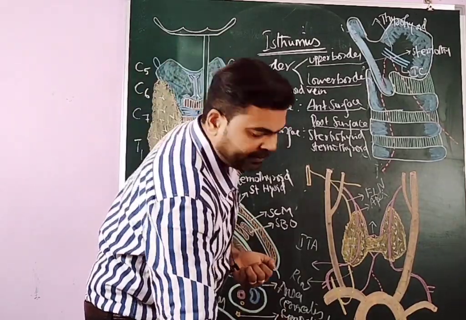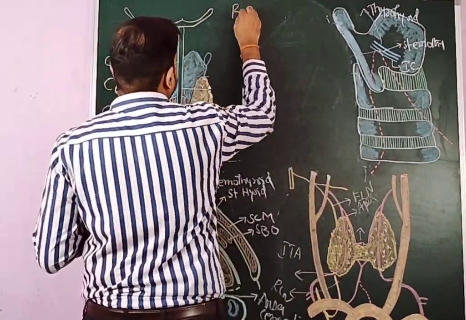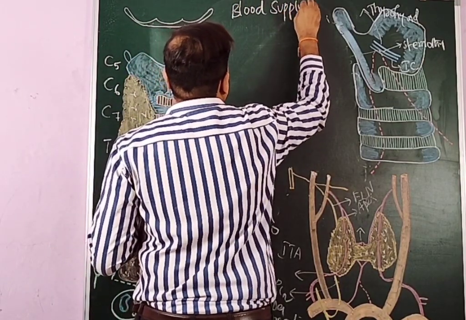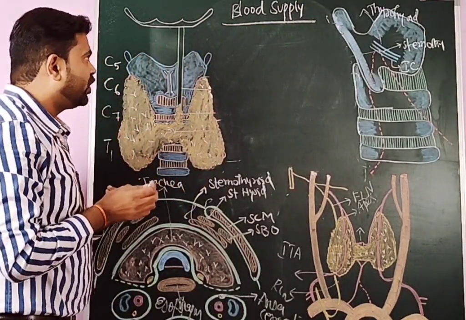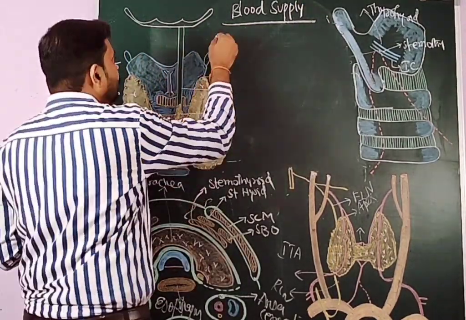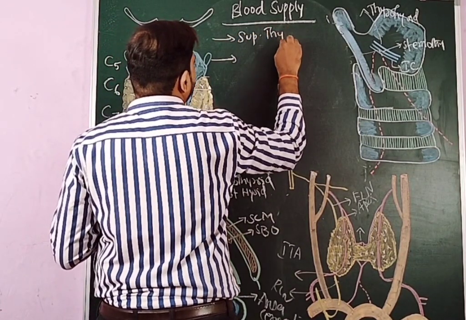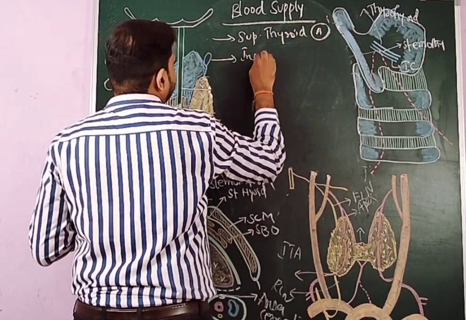Next we go for the blood supply of thyroid gland. Mainly the thyroid gland receives blood from the superior thyroid artery and inferior thyroid artery.